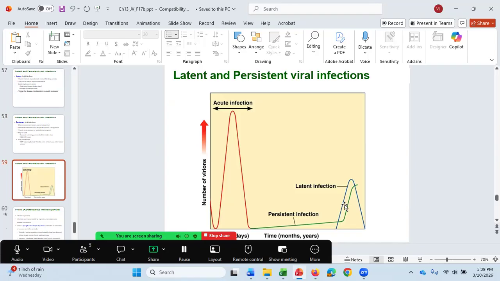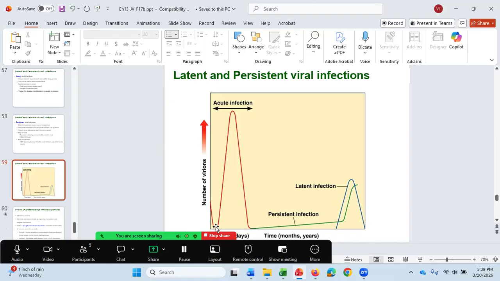All right. So when you get a cold or the flu, you get an acute viral infection where when you first become infected, the number of infective virions actually drops to zero because the virus has infected your cell, it hasn't replicated, so the number of infective units is now zero.